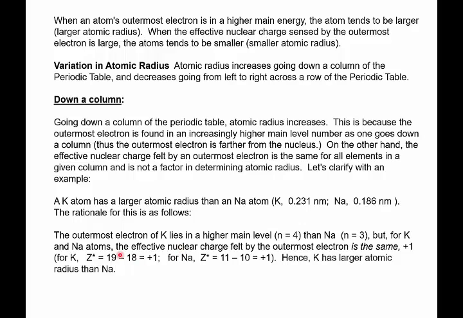But for potassium and sodium atoms, the effective nuclear charge felt by the outermost electron is the same, +1. So for potassium, the effective nuclear charge is the nuclear charge 19 minus the number of interlying electrons 18, which is +1. For sodium, the effective nuclear charge is the true nuclear charge 11 minus the number of interlying electrons 10, which gives us the same +1.